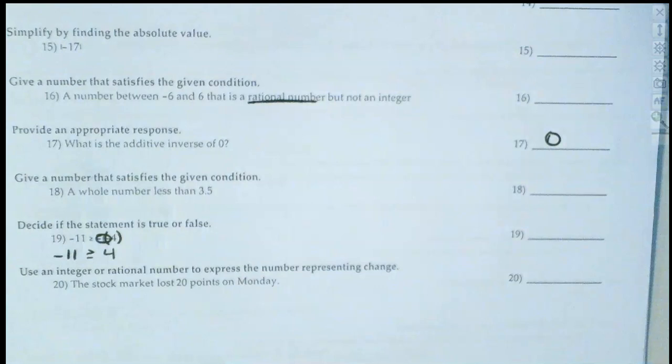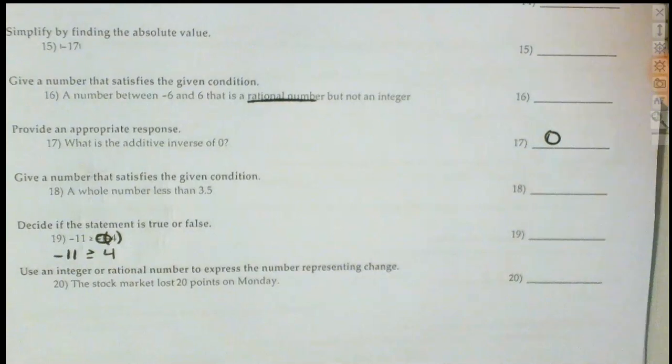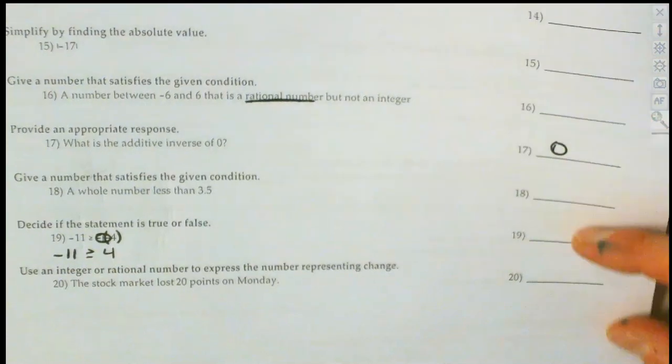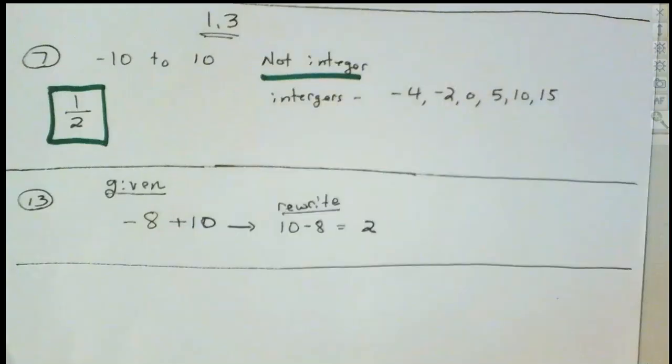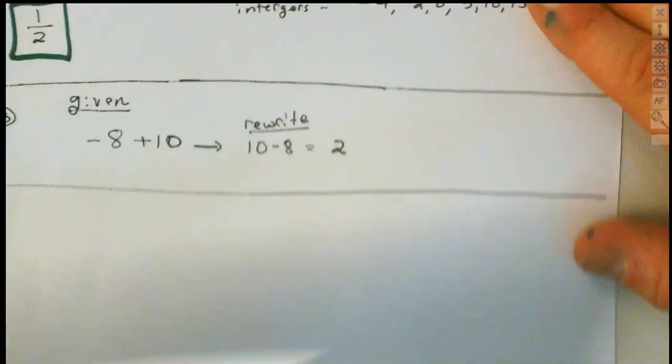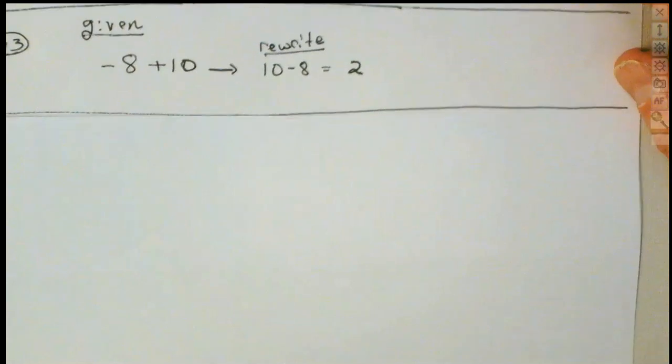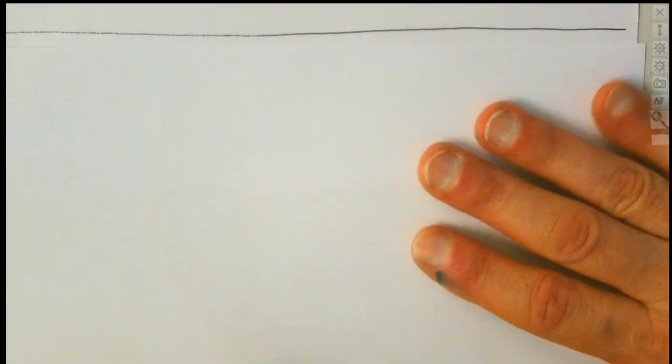So instead of it being real, this one says rational. So we want a number that is between -6 and +6 that is a rational number, but not an integer. So now we need to make sure we know the difference between a real number and a rational number.